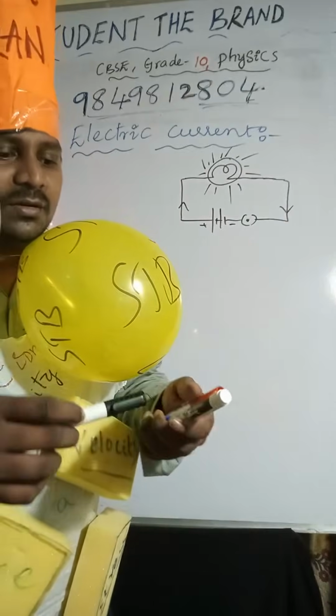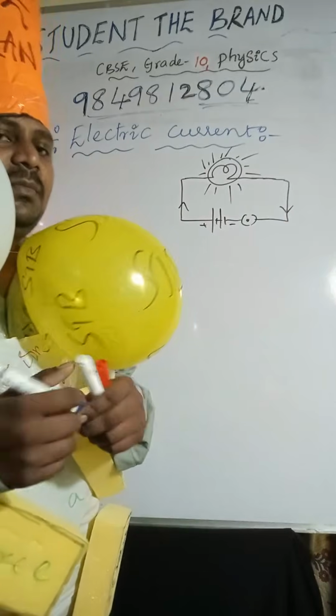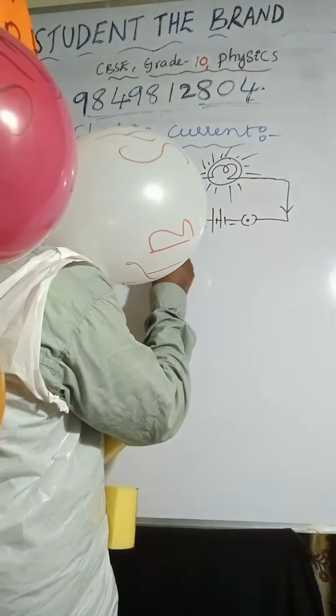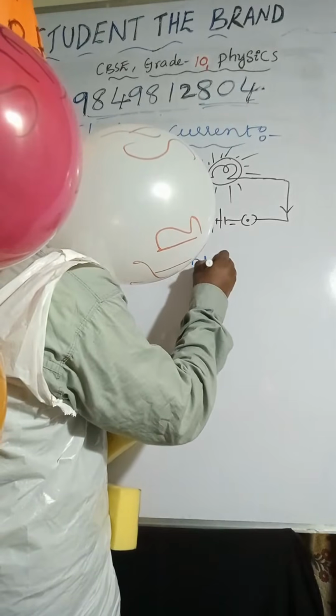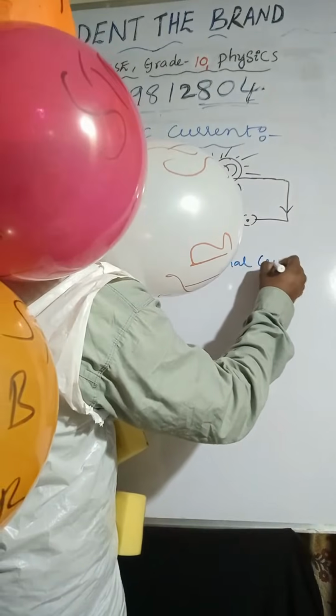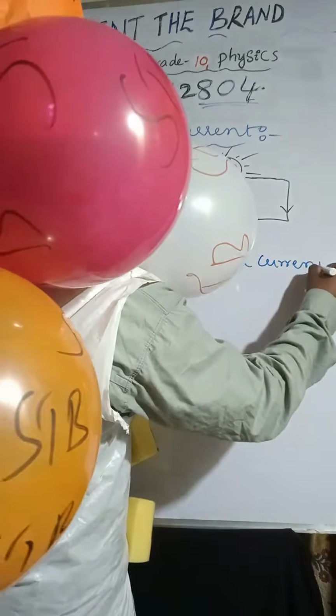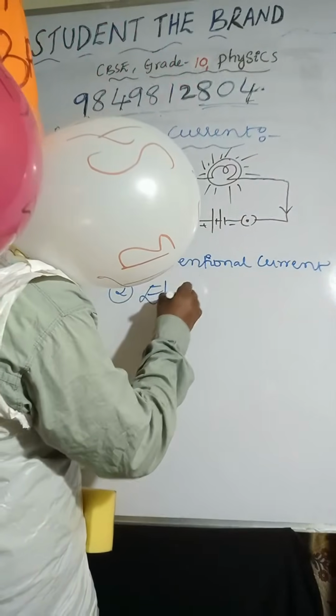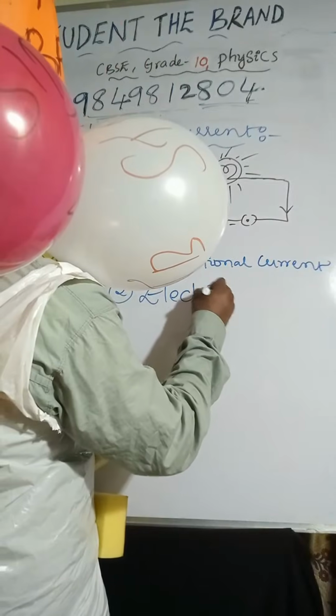Now you can observe here, point number one, conventional current, and second one is electric current.